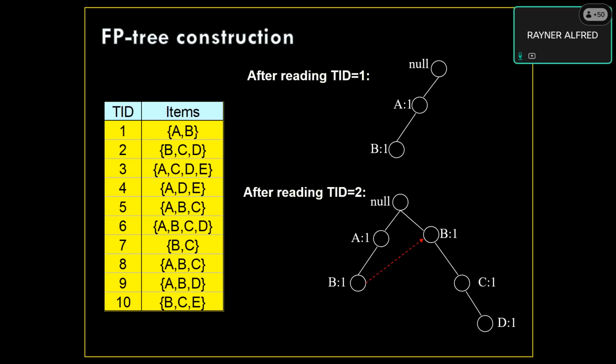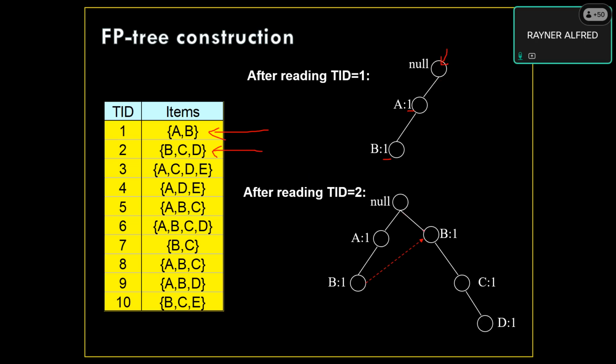Then we go A, B, so the number here tells you that A and B occur one time. Now we go to B, C, D. We start from here again, but there is no B, so we open another branch.